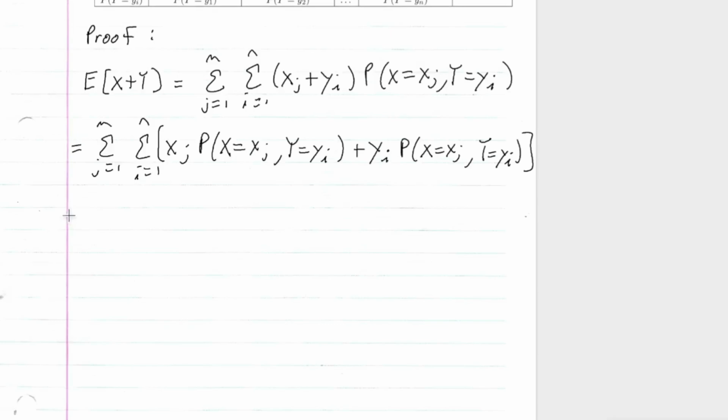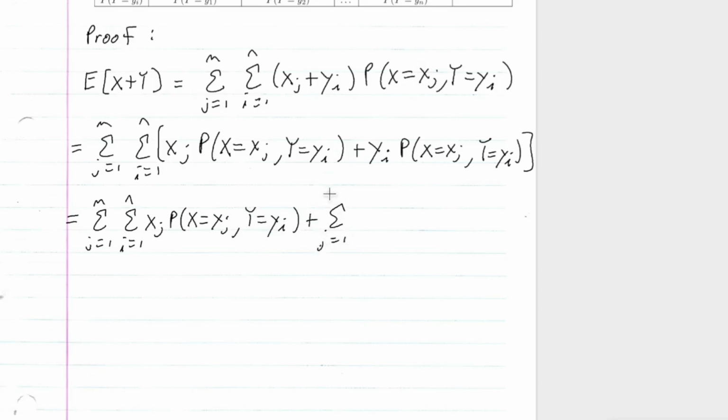So this is equal to the sum from j equals 1 to m and the sum from i equals 1 to n of x sub j times the probability that X is equal to x sub j, Y is equal to y sub i, plus the sum from j equals 1 to m, the sum i equals 1 to n of y sub i times the probability that X is equal to x sub j, Y is equal to y sub i.